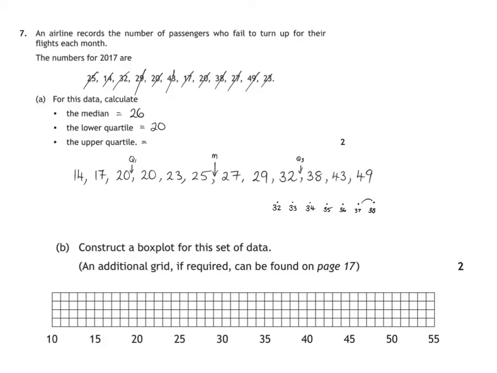So kind of counting back, I go back 1, back and forward, same again. If we go the same distance to the middle, we get our 35 in there. So for marks here, we get 1 for your median being correct, and then 1 for both of these quartiles being correct. So there's only 2 marks there, 1 for the median, 1 for both quartiles together.